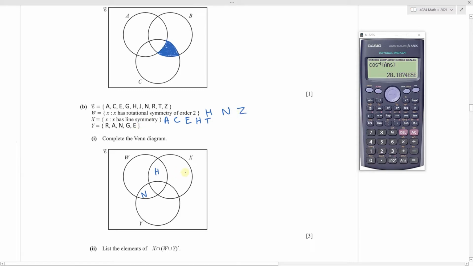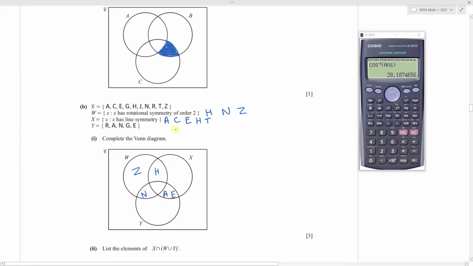And then let's look at common letters between X and Y. A is common, R is not common, N is not here, G is not here, E is here, so E is also common. So now let's write the remaining ones. From W, we've already written H and N, so the only one remaining here is Z. From X, H, A, and E are gone.